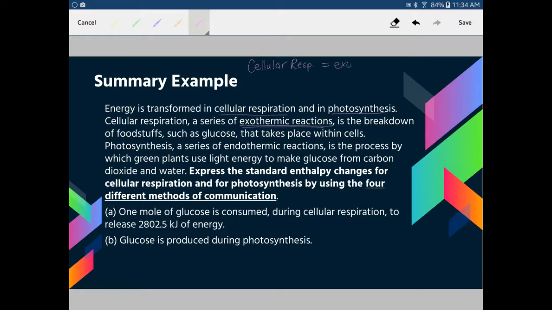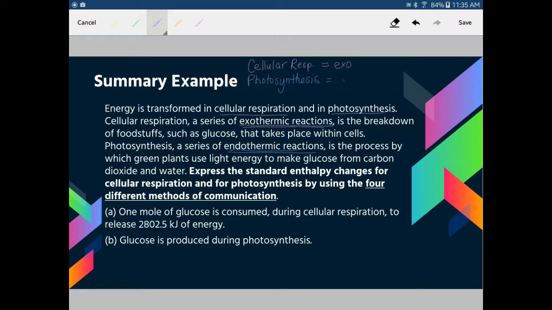Now, if you've taken some biology, you might know this already, but if you haven't, then this might be a little jog in the memory. Cellular respiration is exothermic, and photosynthesis is endothermic.